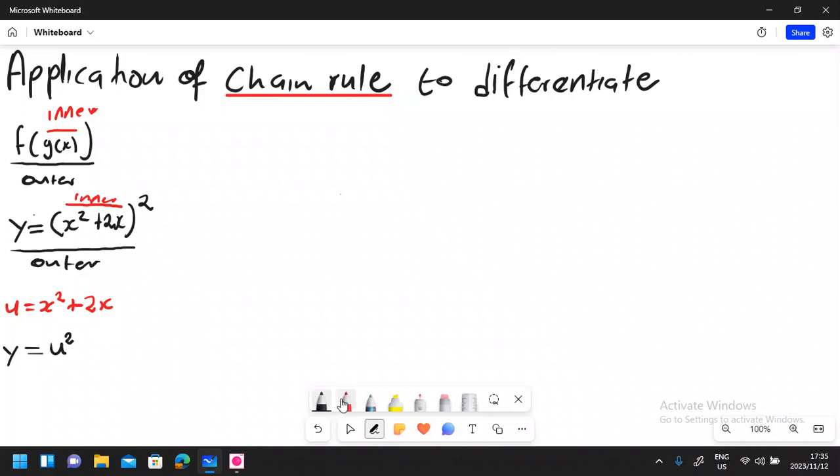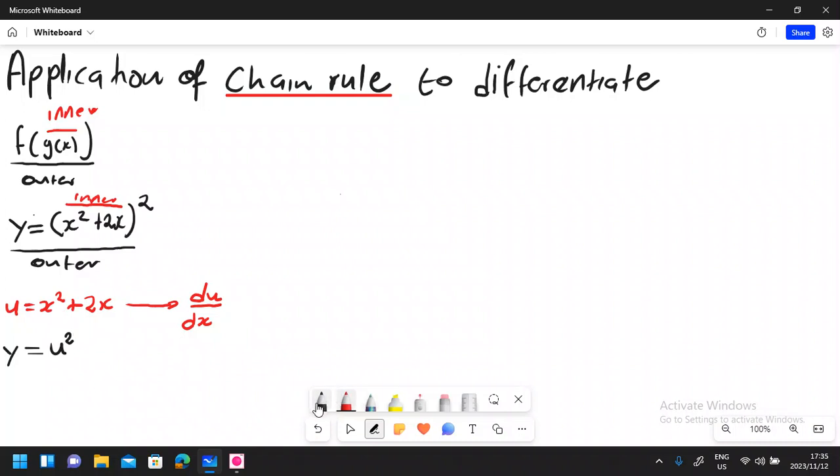Now when you differentiate, because you have to differentiate them, the inner one is u in terms of, or with respect to, x. So instead of dy over dx, it's going to be du over dx, because we are differentiating in terms of x.